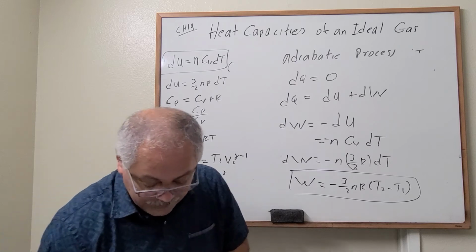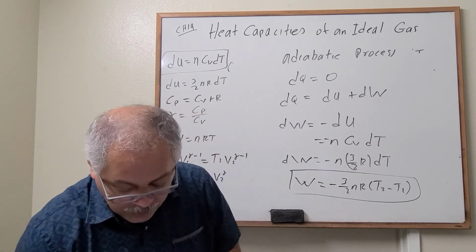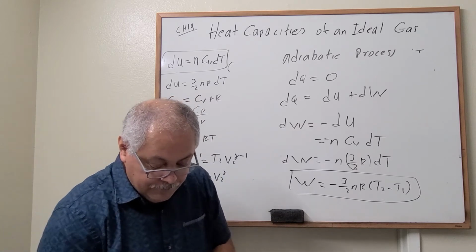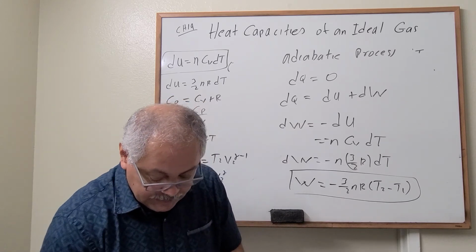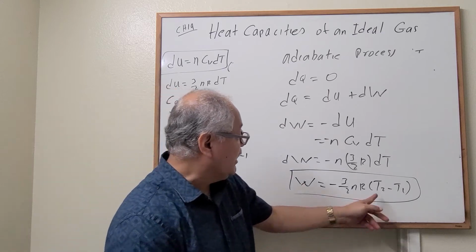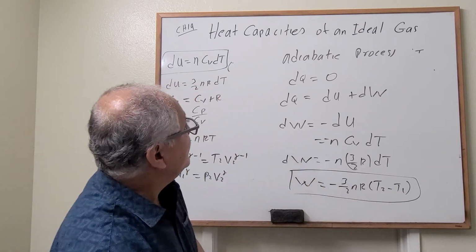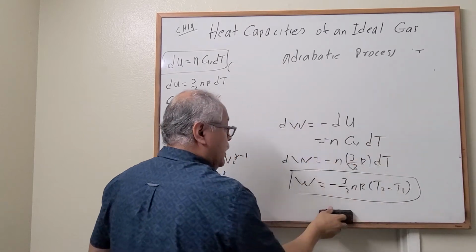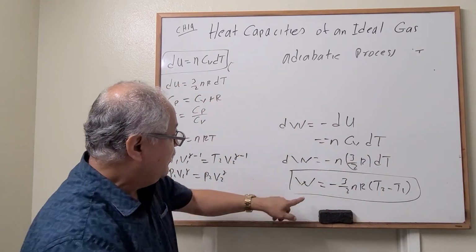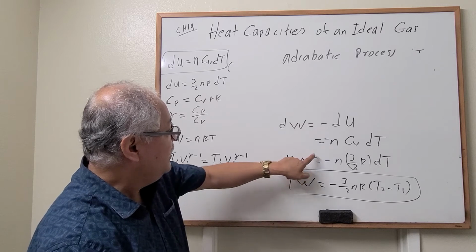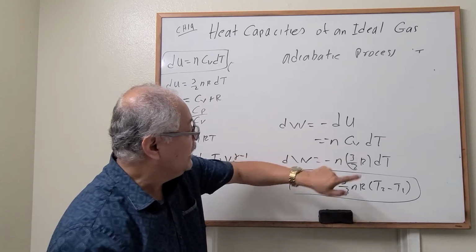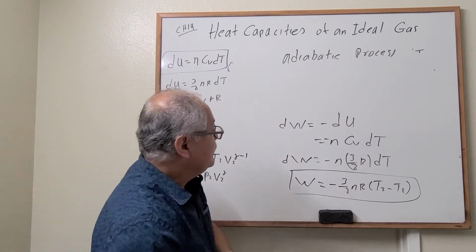Now let's see what happens when we involve pressure, or when we substitute the temperature right here. Let's do it. So what do we have? We found from here, or from here, we can also use Cv.